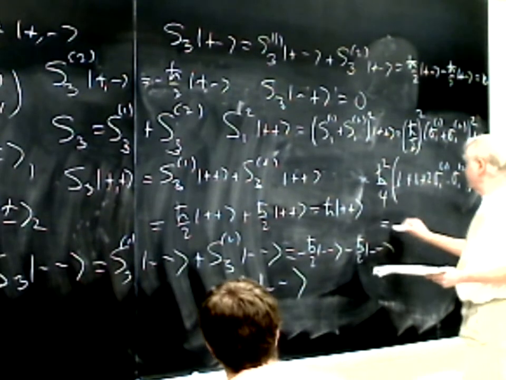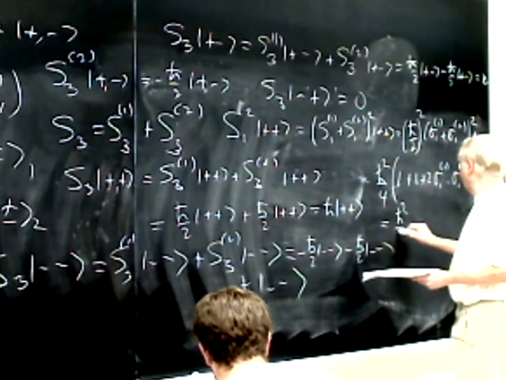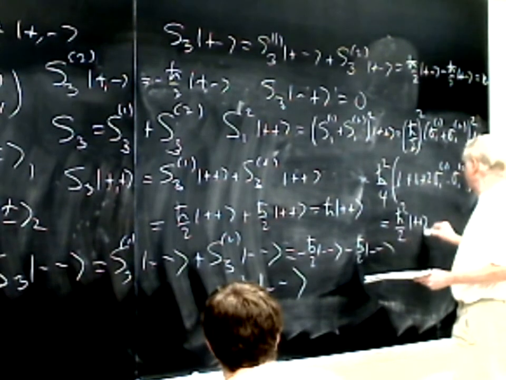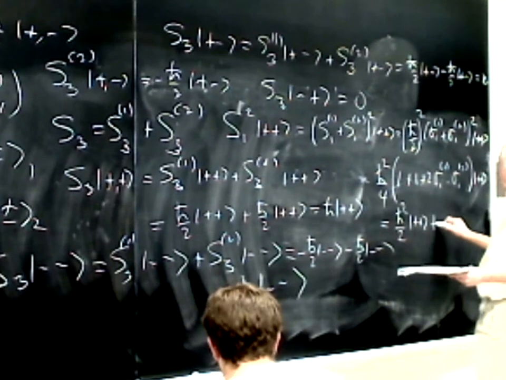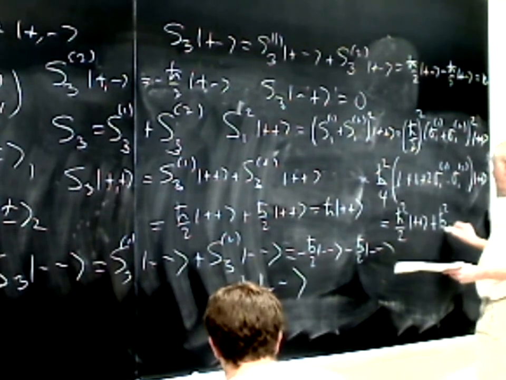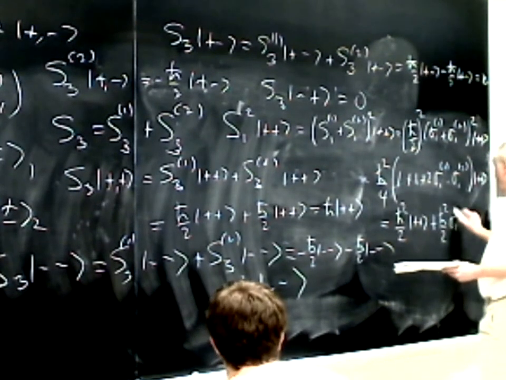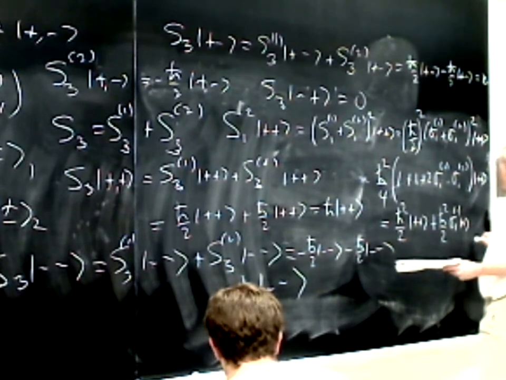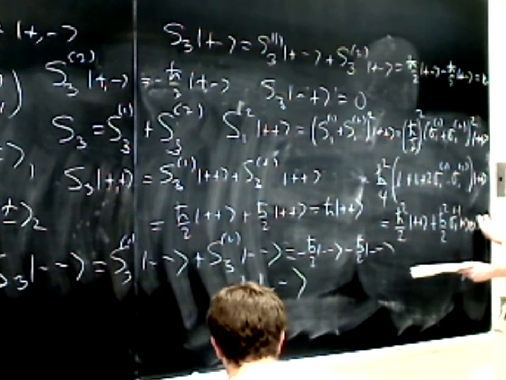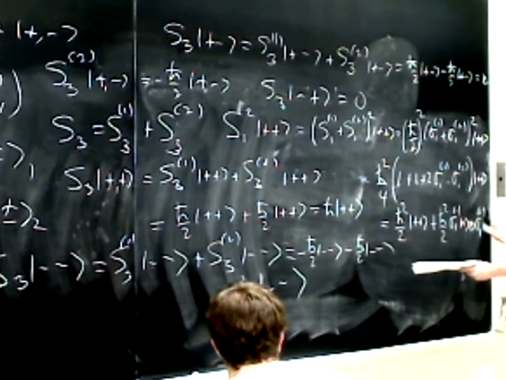And so that is h bar squared over 2 times plus, plus h bar squared over 2 sigma 1^(1) on plus crossed into sigma 1^(2) on plus.